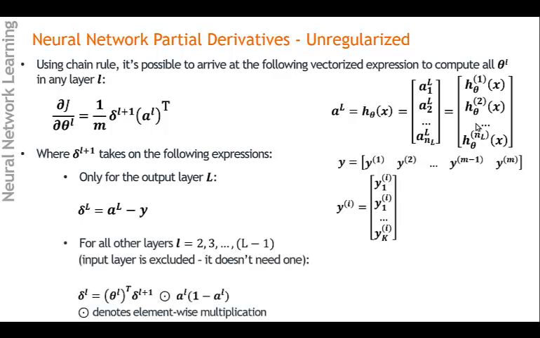Now for the other layers, you're working your way backwards, right? If you have delta big L, then you would plug that into here, and that would give you delta big L minus 1. And delta big L minus 1 is obtained in terms of the weights at that layer.